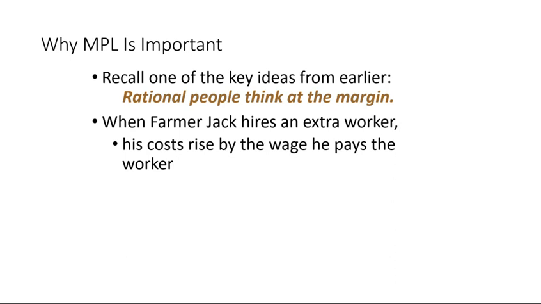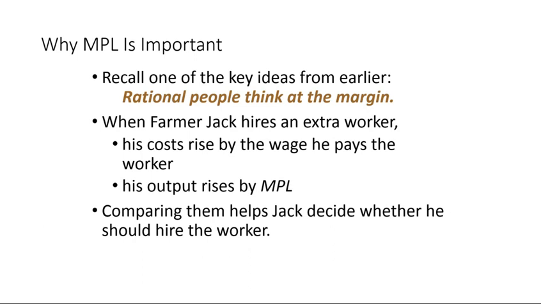But the benefit of hiring that worker would be the value of the extra output that I get, the value of their marginal product. So when we come back to profit maximizing behavior later, we'll take a look at this idea in that we need to compare both the marginal benefit and the marginal cost of hiring another worker in order to think about whether or not we're hiring the optimal number of workers.